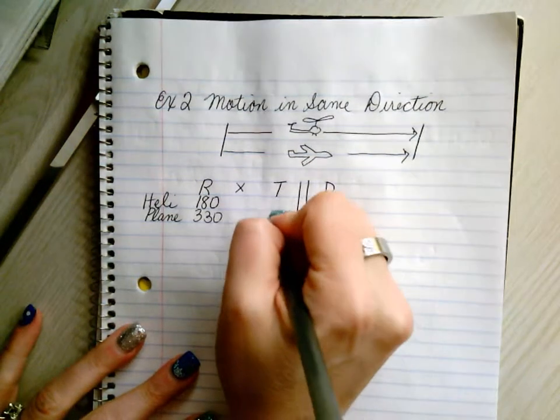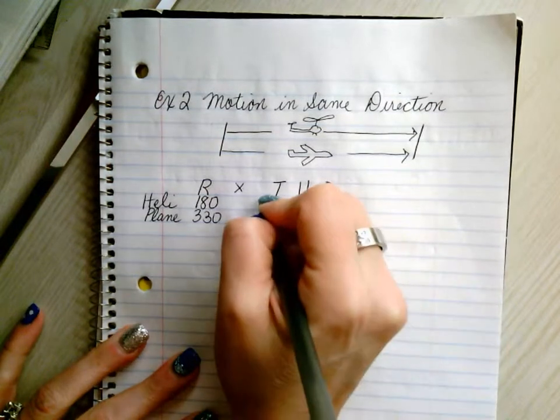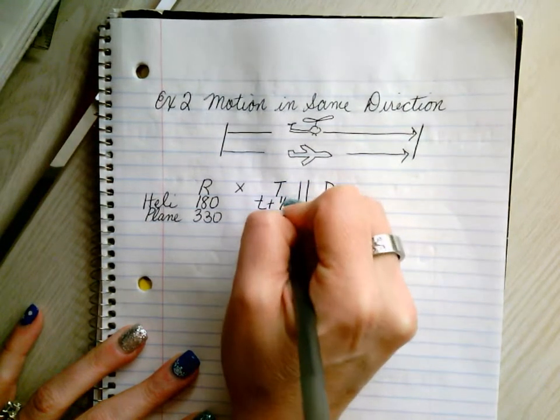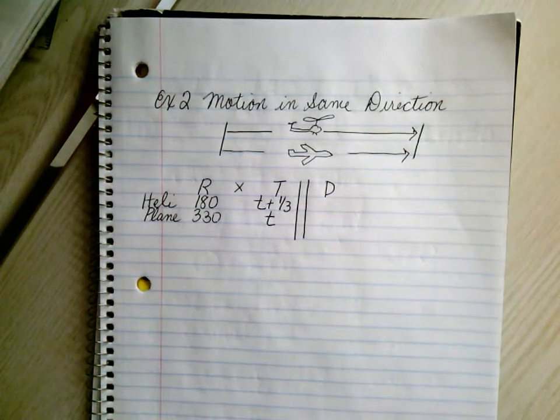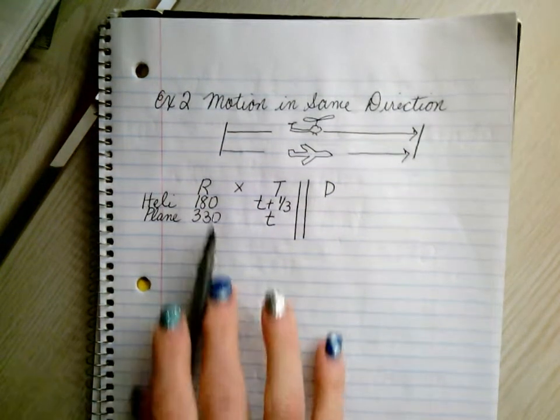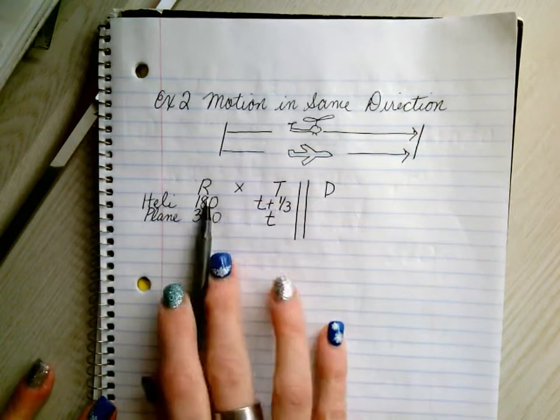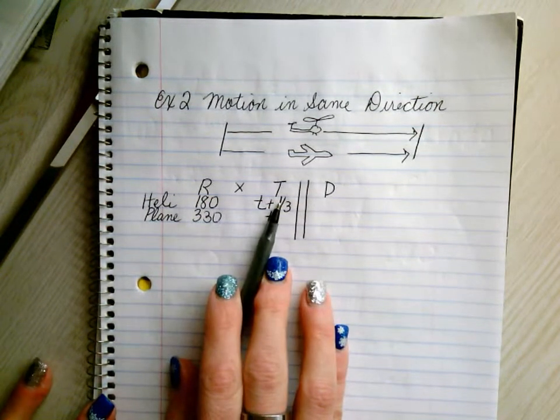You can call the plane T, and you could call the helicopter T plus a third of an hour. Why? Because 20 minutes translates to a third of an hour, and they gave us our rate in terms of miles per hour. So when they tell you minutes, you have to make sure that your rates translate the same way.